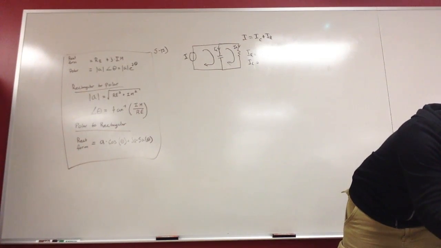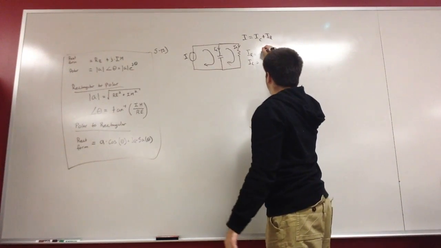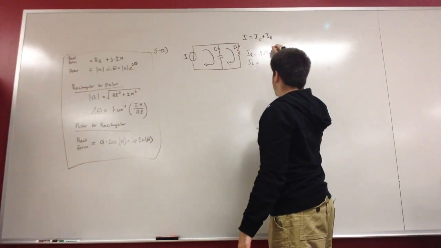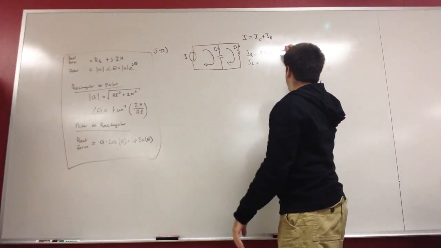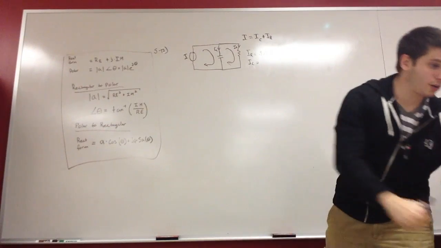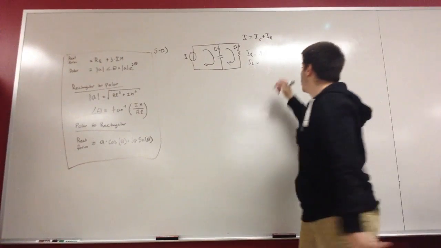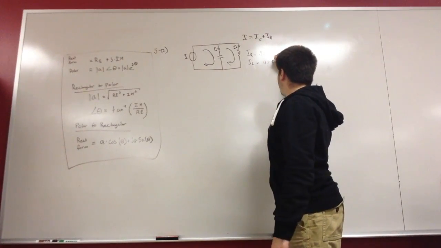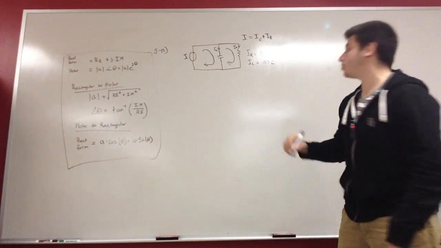So I sub R is equal to 0.929 at an angle of negative 21.8 degrees. And our current across the capacitor is equal to 0.37 at an angle of 68.2 degrees.